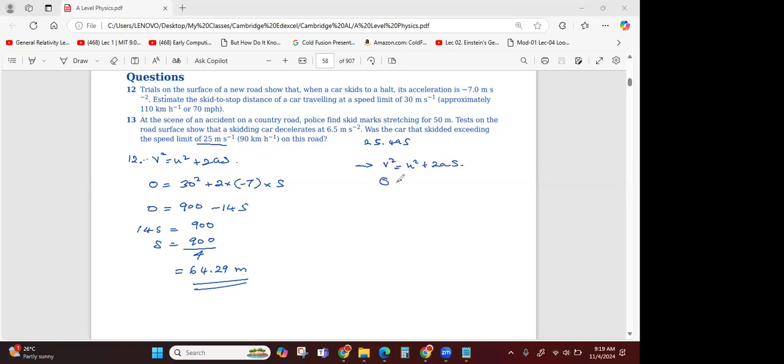Final velocity is 0, u squared, if we have to find it, 2 into acceleration, minus 6.5, into distance 50. So then we have 0 equals u squared minus 100 into 6.5, which means 650.